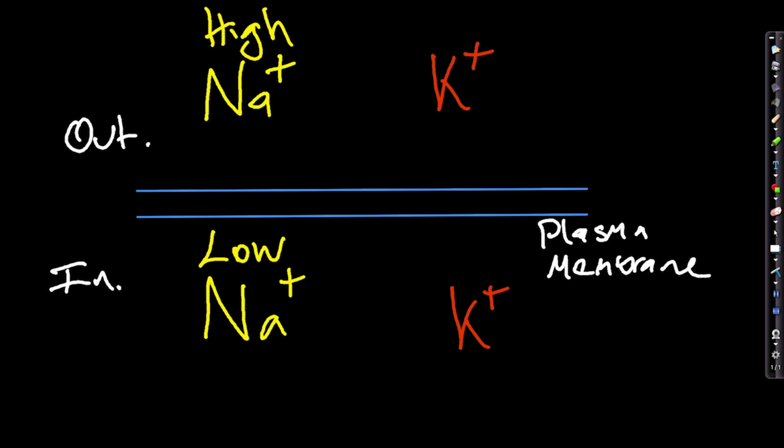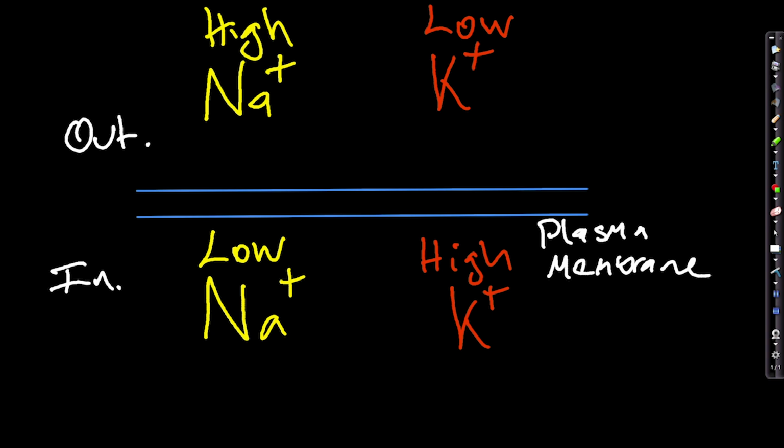For potassium ions, however, this situation is reversed, and we have a high concentration of potassium ions on the inside and a lower concentration of potassium ions on the outside. So already your mind should be thinking, oh, this is a concentration gradient. It is. It's not just a concentration gradient, it's also an electrical gradient, right? Because you've got more positively charged sodium ions on the outside.